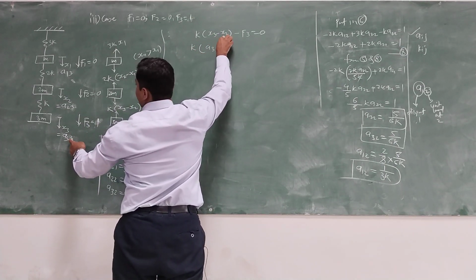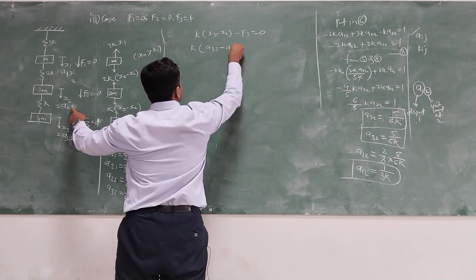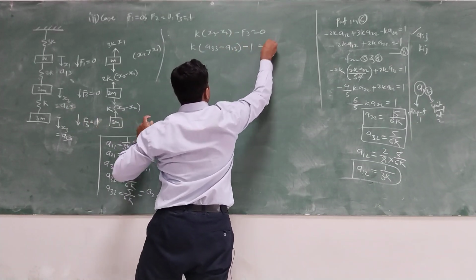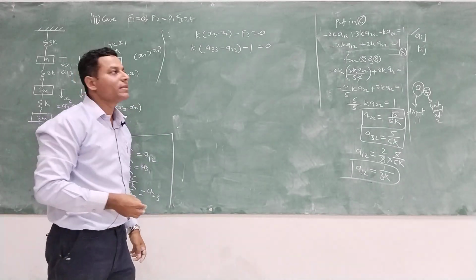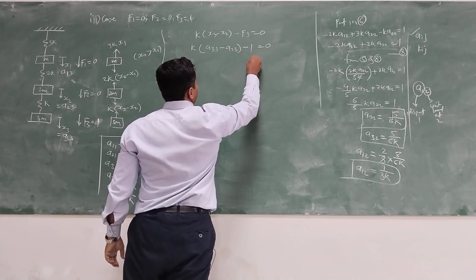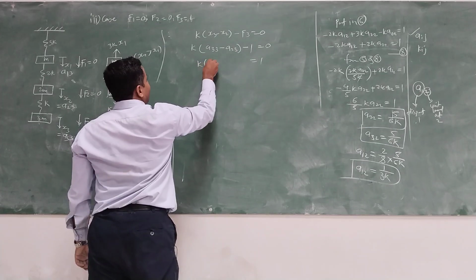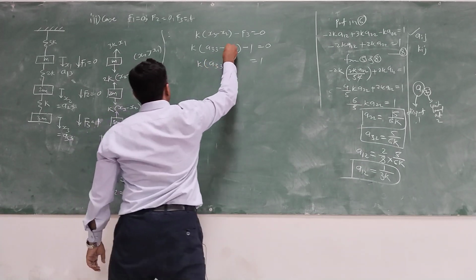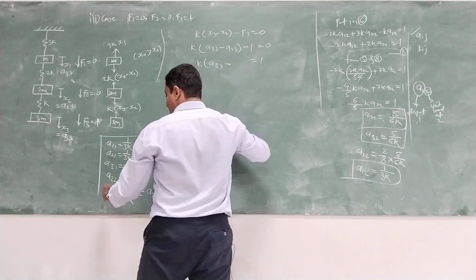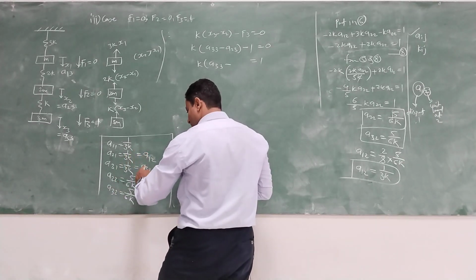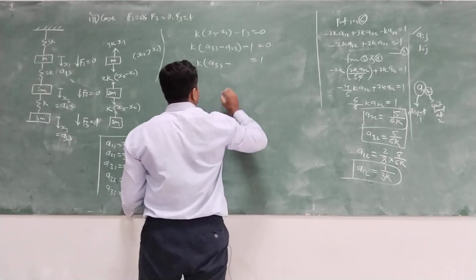A33 minus A23 minus 1 is equal to 0. F3 is 1. So we'll transfer 1 on that side. So K A33 minus, we have the value of A23. A23 is 5/6K.